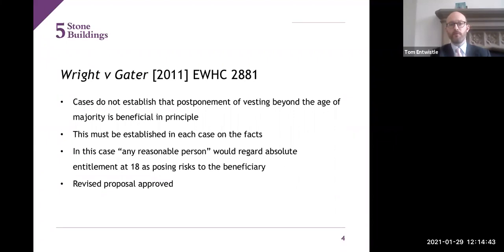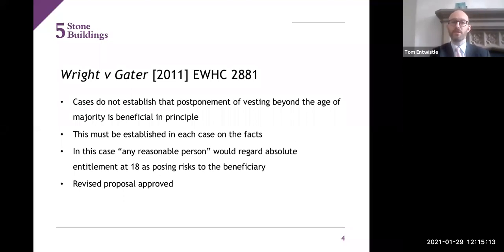So a proposal was put before the court which had 2 elements. The first was to vary the effect of the intestacy rules on grandfather's death so that his estate would pass directly to the child rather than going through the father's estate. This would be treated retrospectively for IHT purposes as long as the order was made within 2 years of grandfather's death, and so it would avoid the double charge problem.